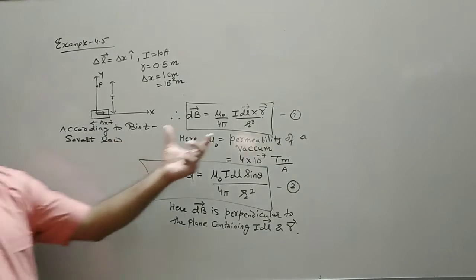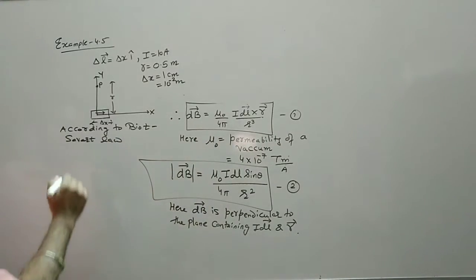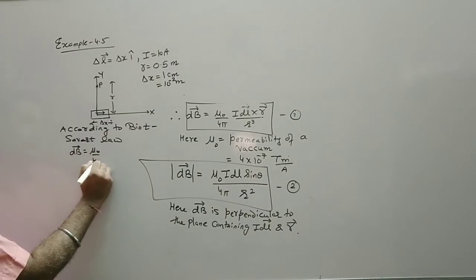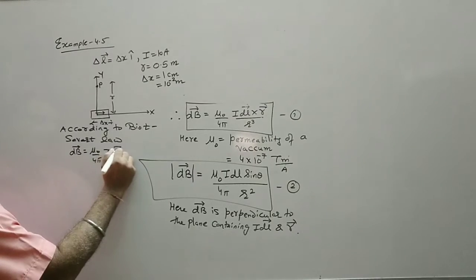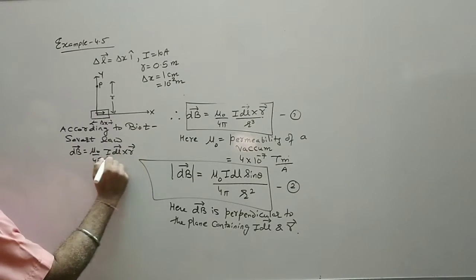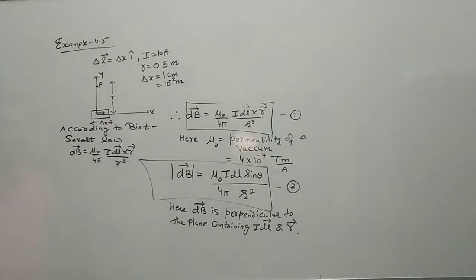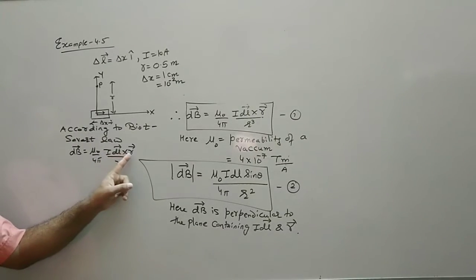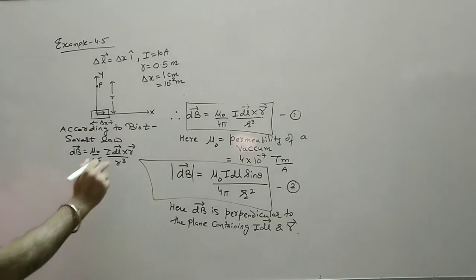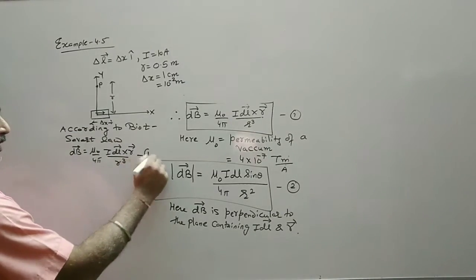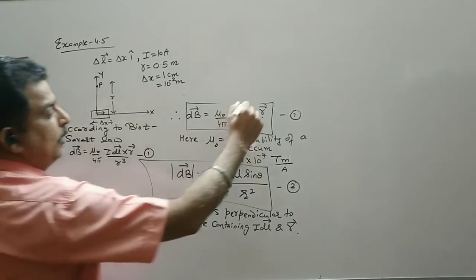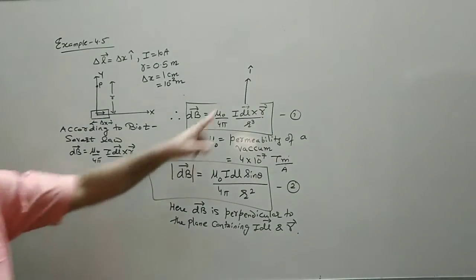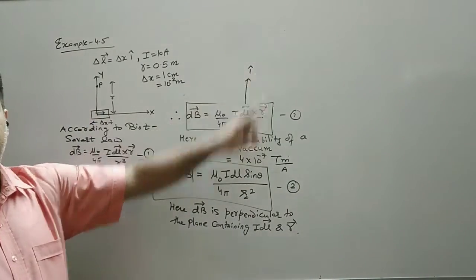first we write this law in a vector form. So dB vector is equal to mu naught upon 4 pi I dl vector cross R vector upon R cube. Now let us see the angle between the dl vector and the position vector. The dl vector is along the x-axis, so it can be denoted by i cap.